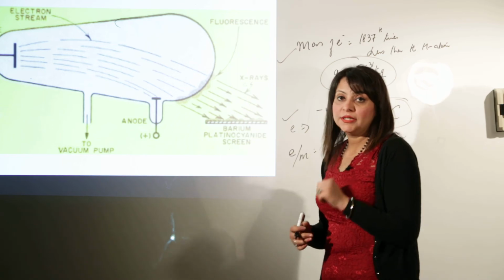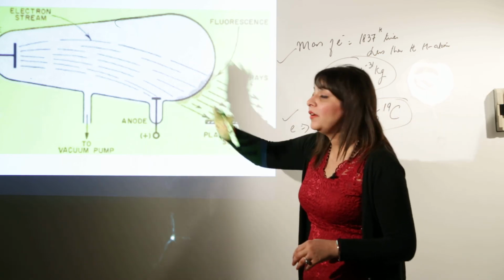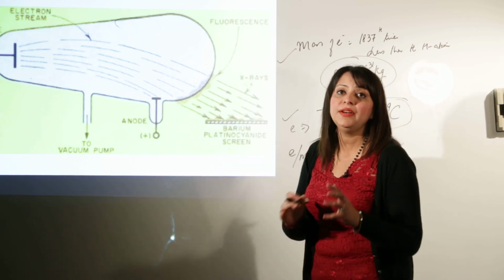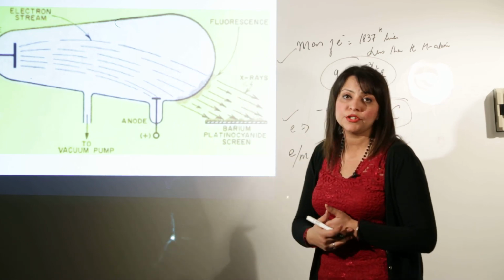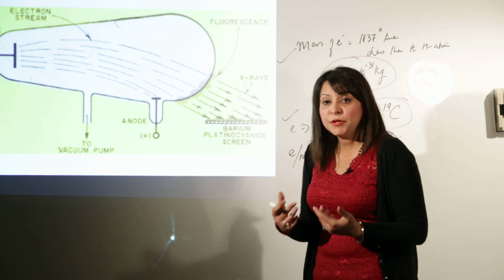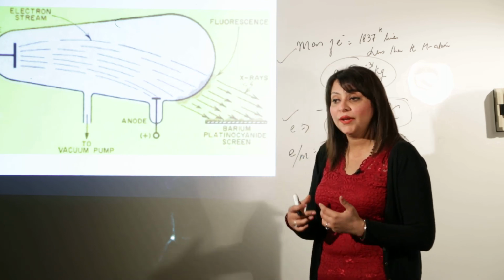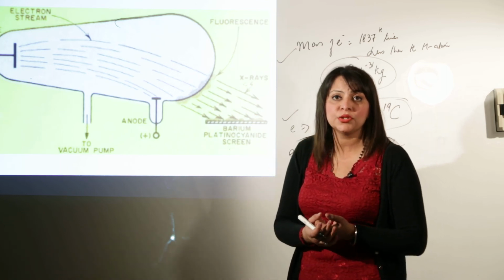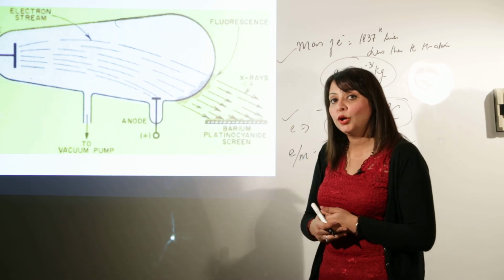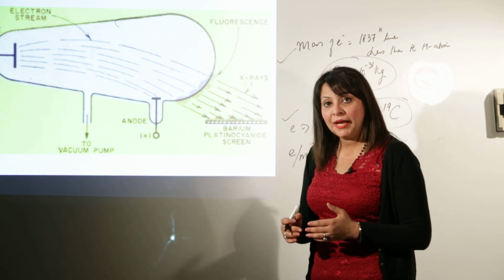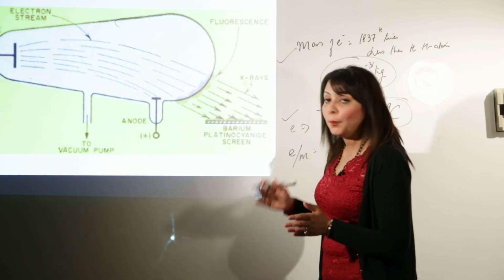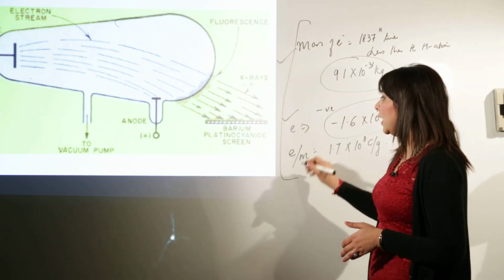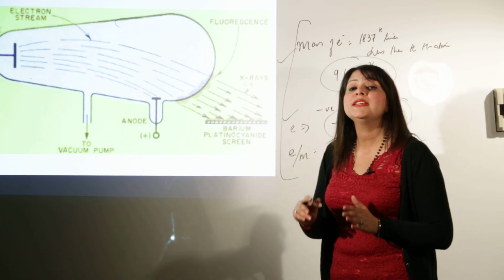And one more important thing, just keep in mind: whichever gas you take in the tube, because now it is the successful discovery made by J.J. Thomson, you must be curious whether cathode rays are emitted if you apply those conditions. So keep in mind, whichever gas you take in the tube, the properties of the cathode rays, the mass and charge to mass ratio always remain the same.